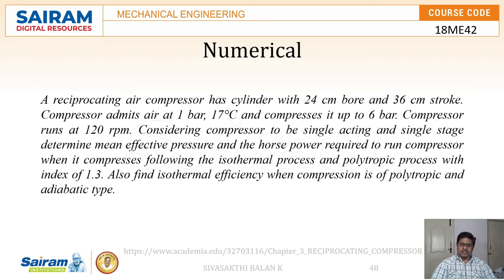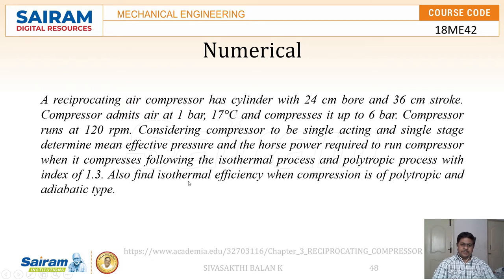We are asked to determine the mean effective pressure and the horsepower required to run the compressor when it compresses by the isothermal process as well as the polytropic process with polytropic index n equal to 1.3. Also we are asked to find the isothermal efficiency when compression is polytropic and adiabatic.